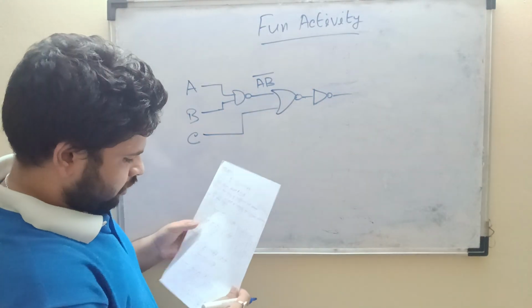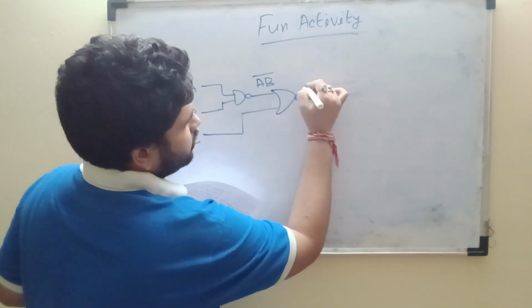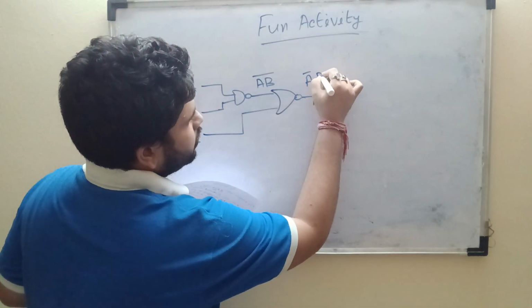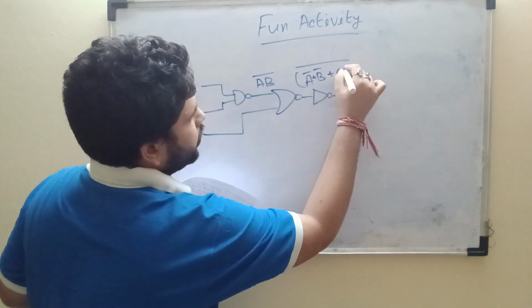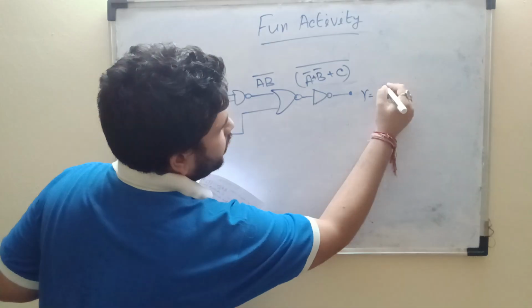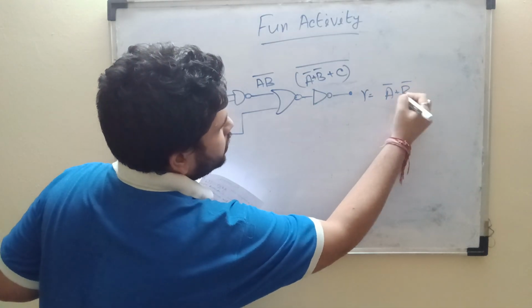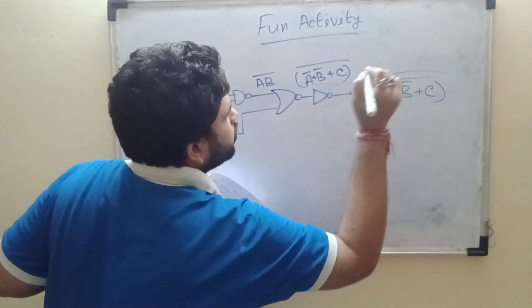What will happen? It becomes A bar plus B bar plus C whole bar, and the final output will be A bar plus B bar plus C whole bar bar.